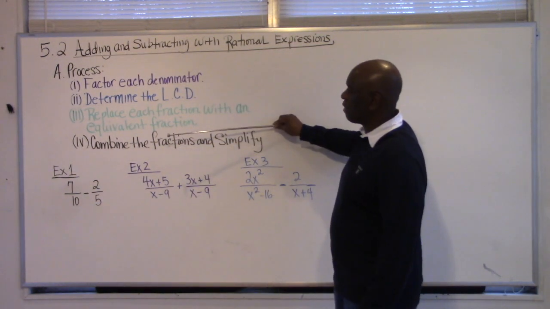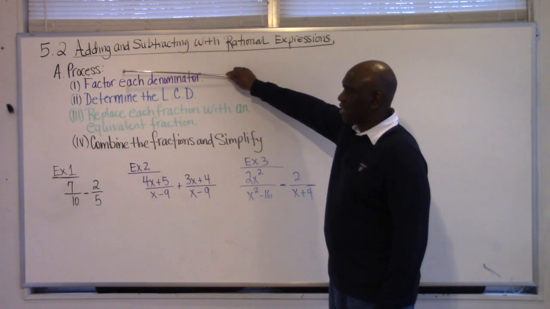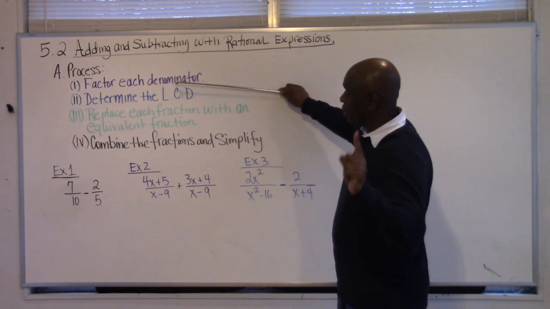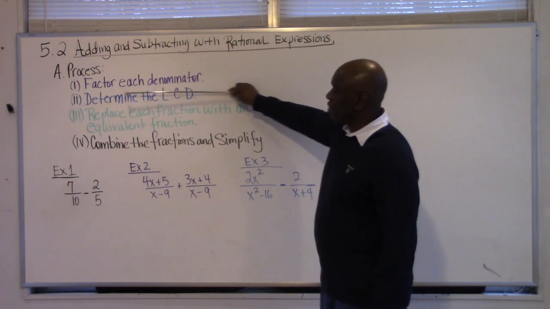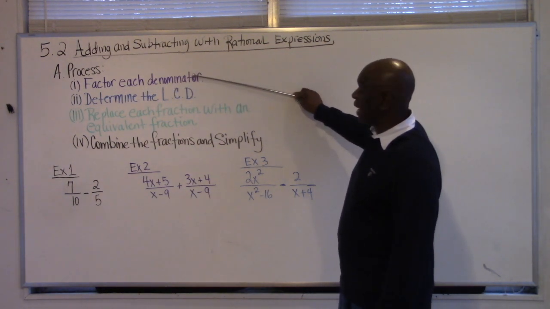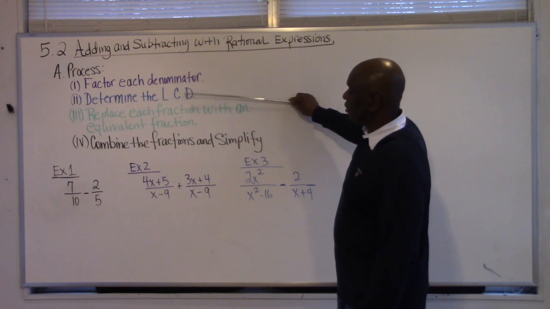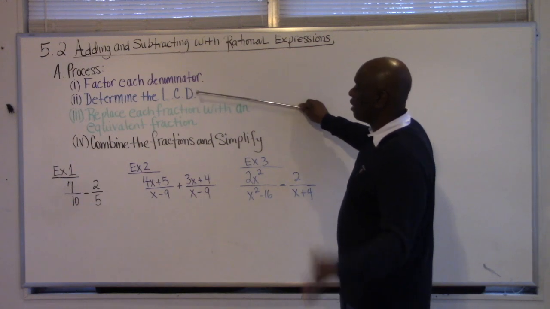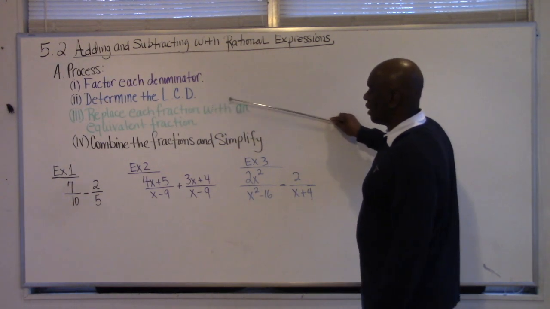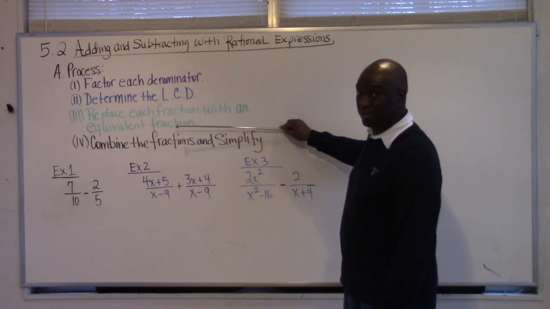Here's the process. The first thing we have to do is factor each denominator. Two, determine the least common denominator after we have factored each denominator. Three, replace each fraction with an equivalent fraction.